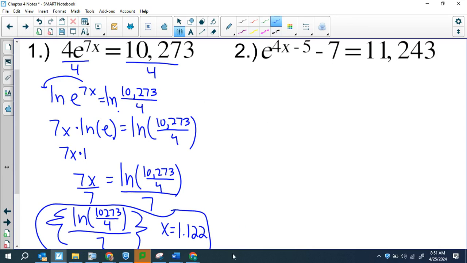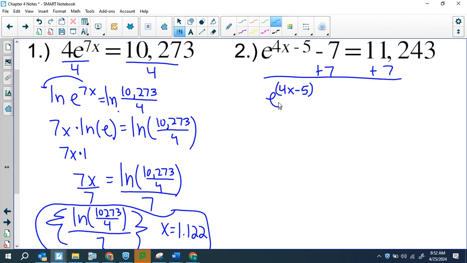All right, it looks like most of you have done a pretty good job. Let's just quickly go over this. So again, first thing we're doing is PEMDAS backwards. So we're undoing any addition, subtraction. We're going to add 7. I always get in the habit, if there is something in the exponent, I put that whole exponent in parentheses.